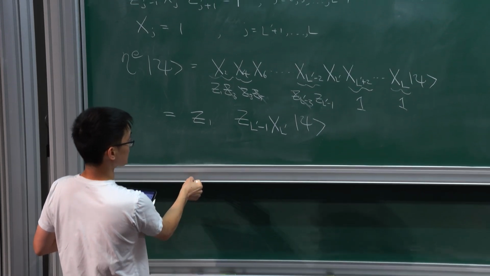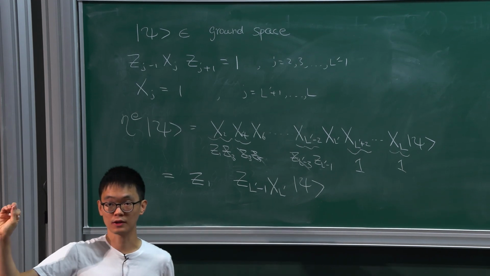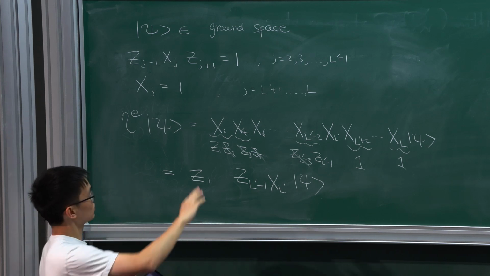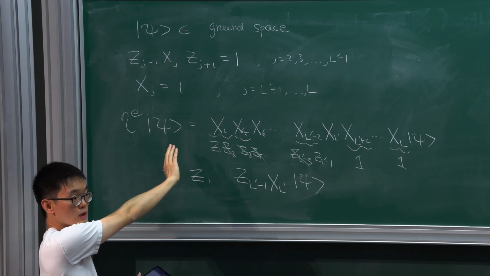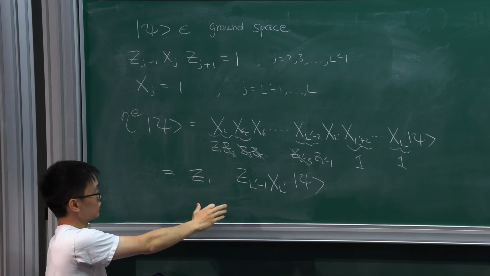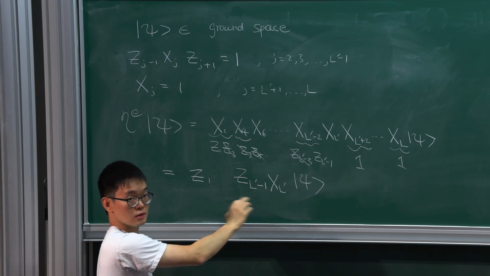So we see something interesting here. Eta even originally is an operator that involved the product of all the even X on the entire chain. But if you act on any state in the ground space, when you restrict to the ground space, it factorizes into a local factor on the left and a local factor on the right.